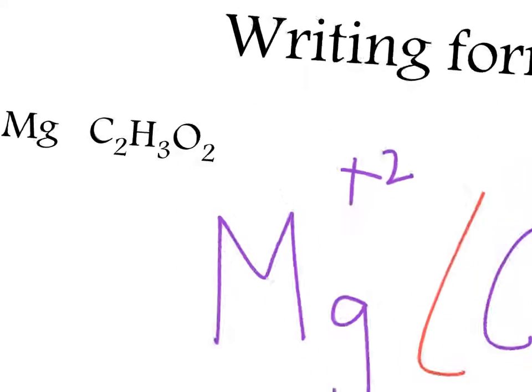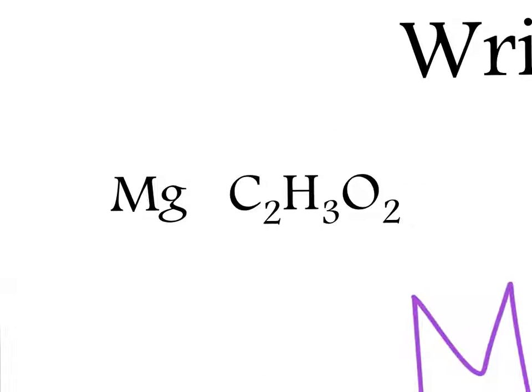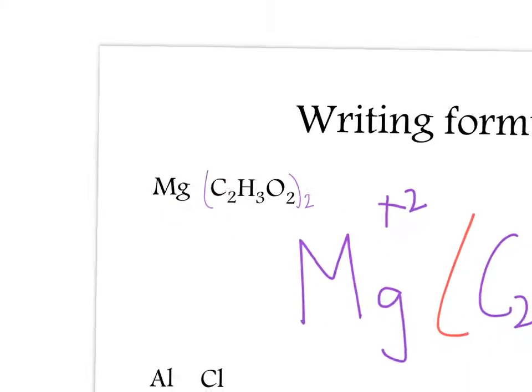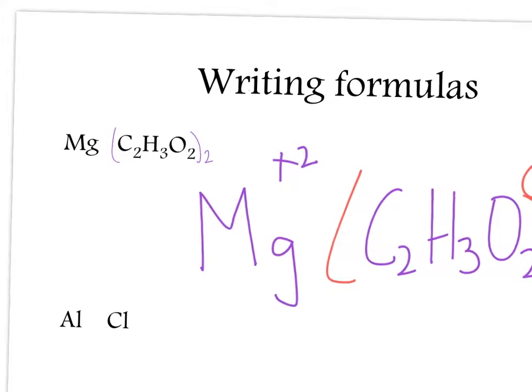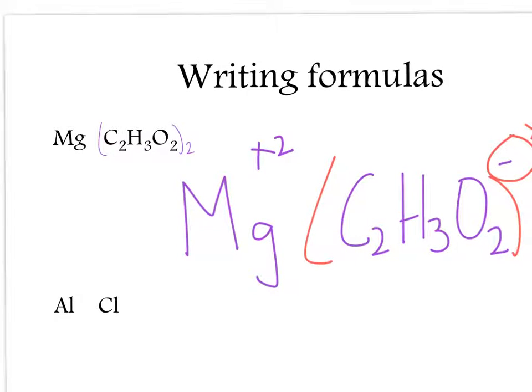On your paper, if you have this and you just put a 2 right there, it looks like you have 22 oxygens and 3 hydrogens and 2 carbons, and that's not at all what you want. Instead, you want to have 2 groups of acetate. So you'll put a parenthesis first, and then you'll put your 2.